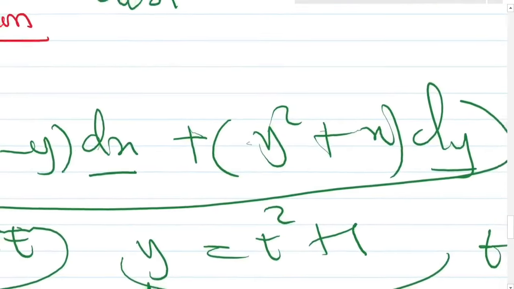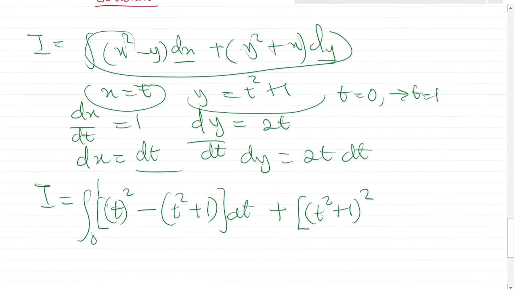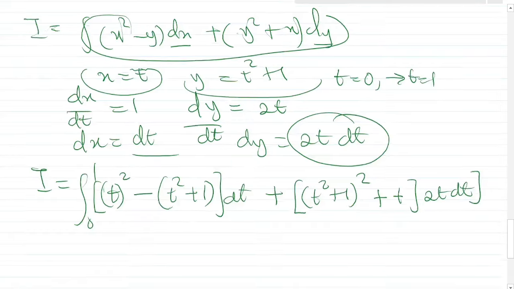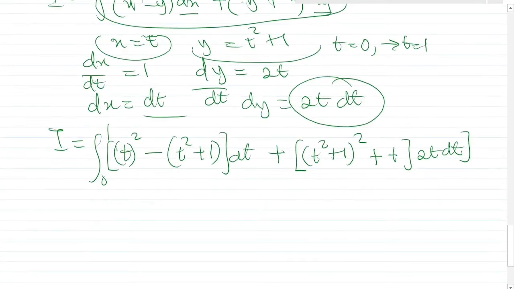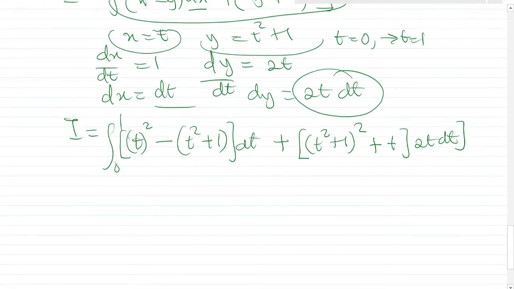I hope you understand. We had y squared here. Now y is t squared plus 1, so we square it. Plus what is x? X is t. Then dy is 2t dt. This is what you have to evaluate. If you do it correctly, it will be I equal the integral from 0 to 1 of t squared minus (t squared plus 1) dt.